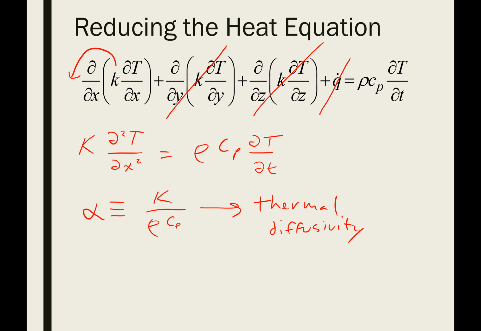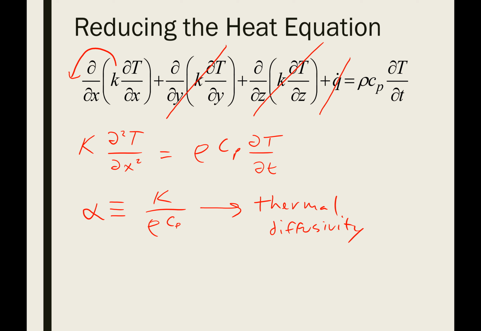The thermal diffusivity is basically a ratio of how fast heat is going to propagate through a solid divided by that solid's capacity to absorb heat. If you remember, we called rho Cp the thermal capacitance of a material, so basically how much energy it can store. So this is the thermal conductivity divided by the thermal capacitance, and it's just a measure of how fast temperature is going to propagate through our solid.